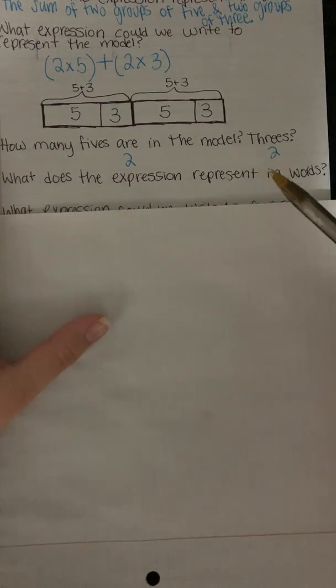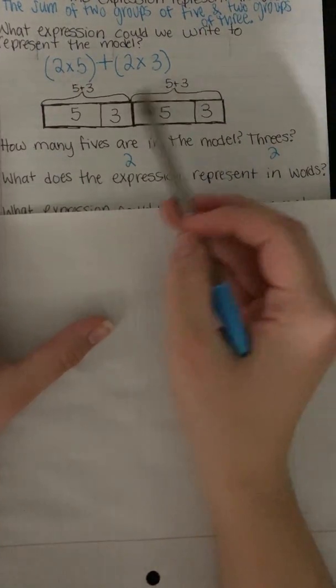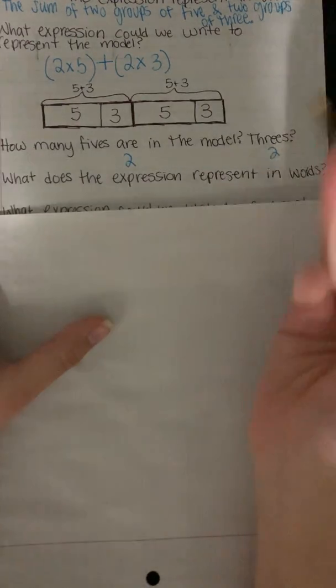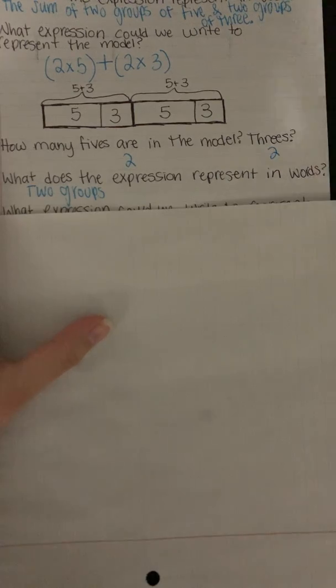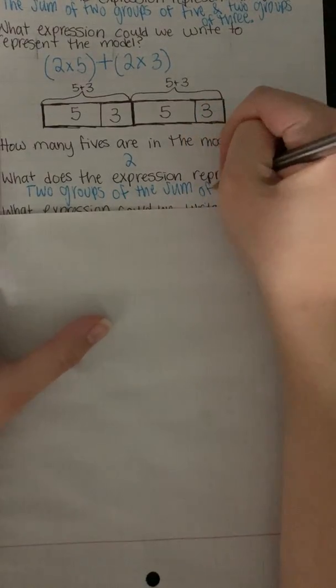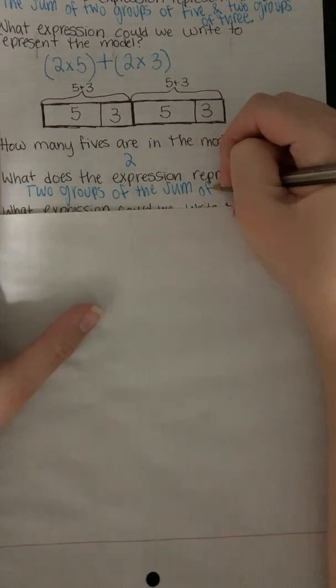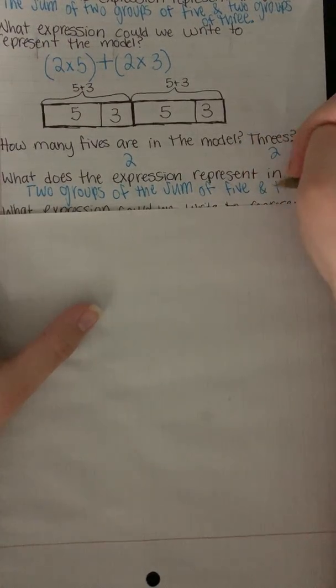So we have 2 groups. We kind of see this group here and then this group over here. So I'll start by writing 2 groups of the sum, because we're still adding, of 5 and 3.